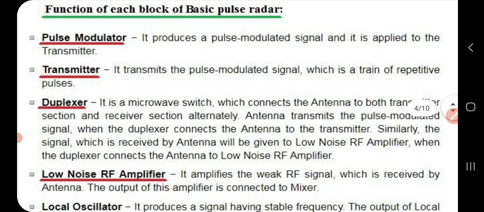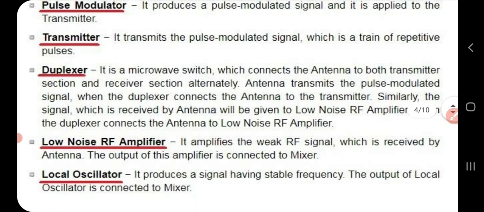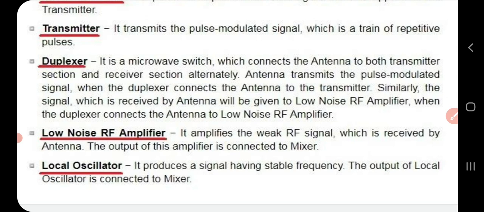Here the pulse modulator produces the pulse modulated signal, which is applied to the transmitter. And what does the transmitter do? It transmits that pulse modulated signal, which is nothing but a train of repetitive pulses. Now here comes the duplexer. It is nothing but a microwave switch that connects the antenna to the transmitter.